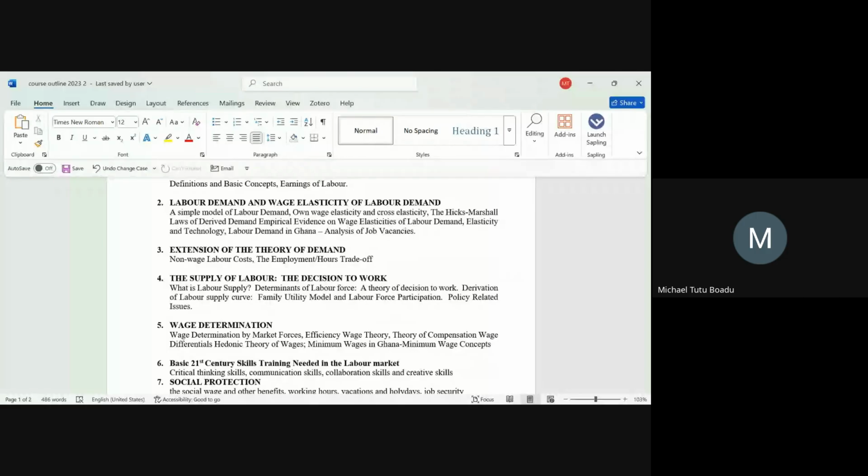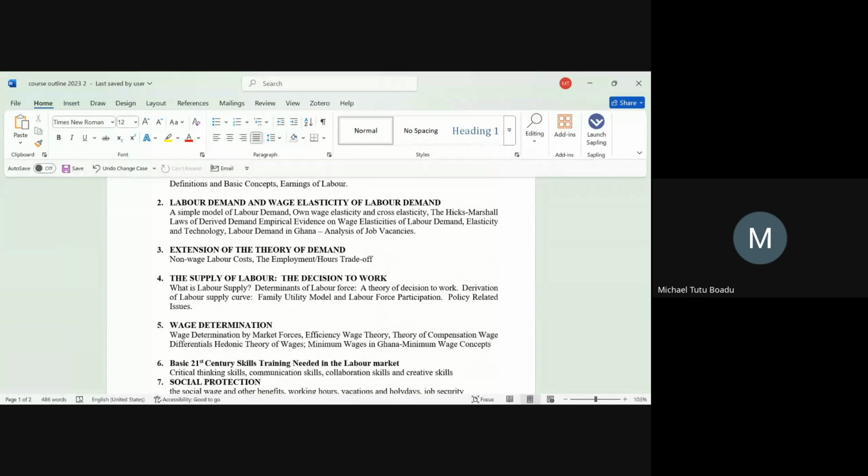Somebody is not working maybe all 8 hours or all 5 days because he has another source, which could be either pensions or some grants or government transfers or even family support.